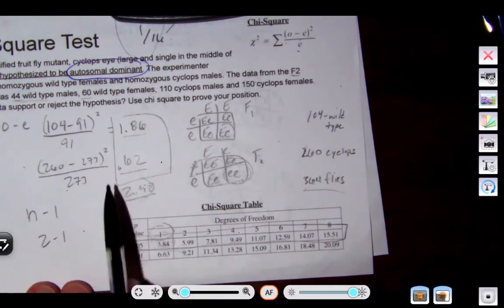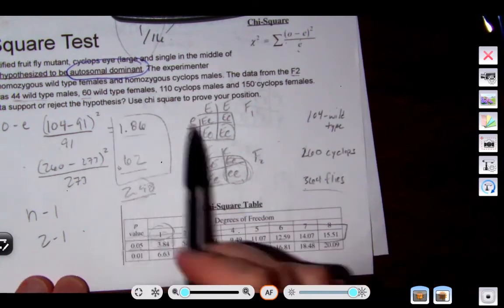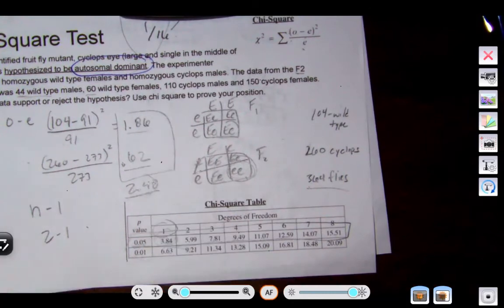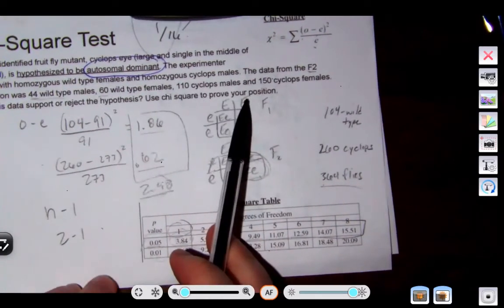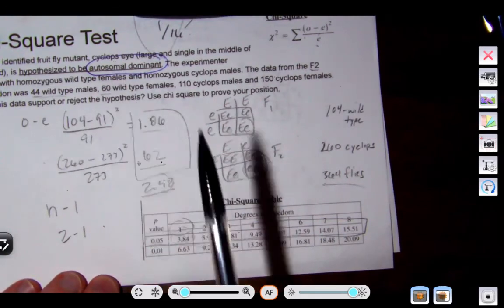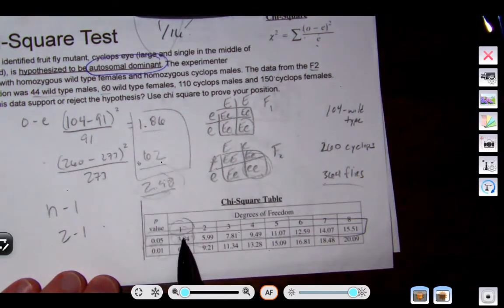In this case, I would assume that the two genes are linked. In this case, we're not looking at linked genes. Instead, I'd be saying, in this case, they would be sex-linked, okay? Because we're not looking at two different genes. We're looking at the X and Y chromosome and then the actual trait itself. So in this case, are we trying to figure out, is it autosomal or sex-linked? And we can say it's autosomal because our chi-square test, the number is less than this, we accept our hypothesis.